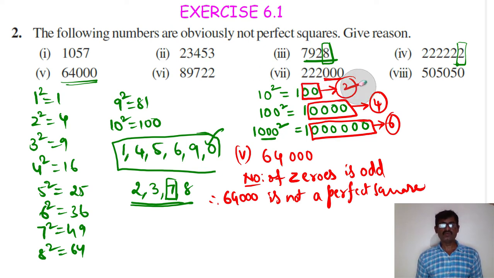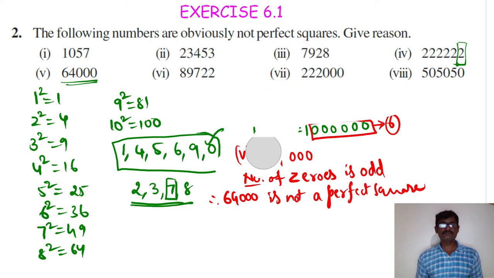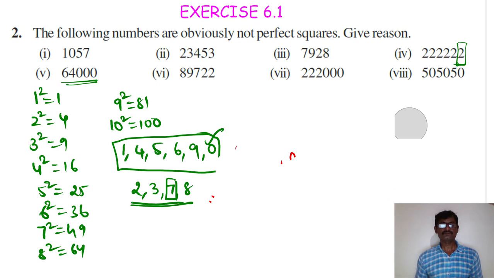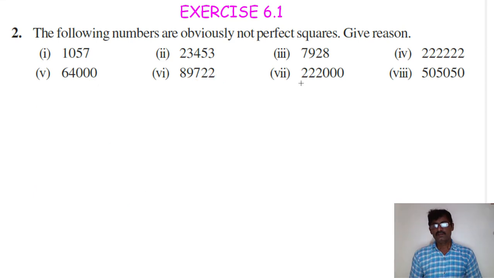Now let's go to the sixth problem. In the sixth problem also we have 2 in its units place. So this is not a perfect square. Let us go to the seventh problem.